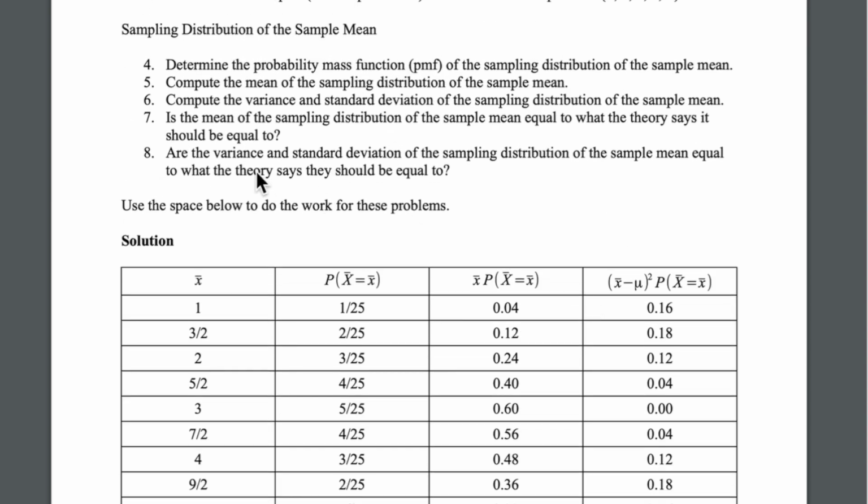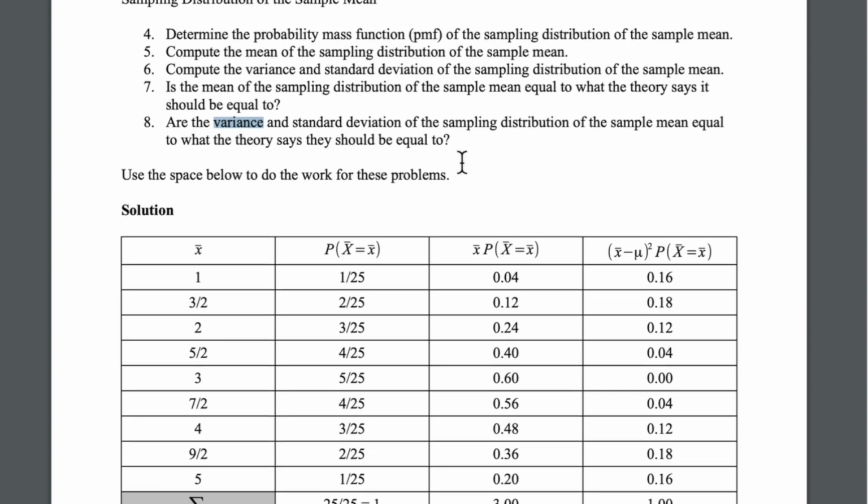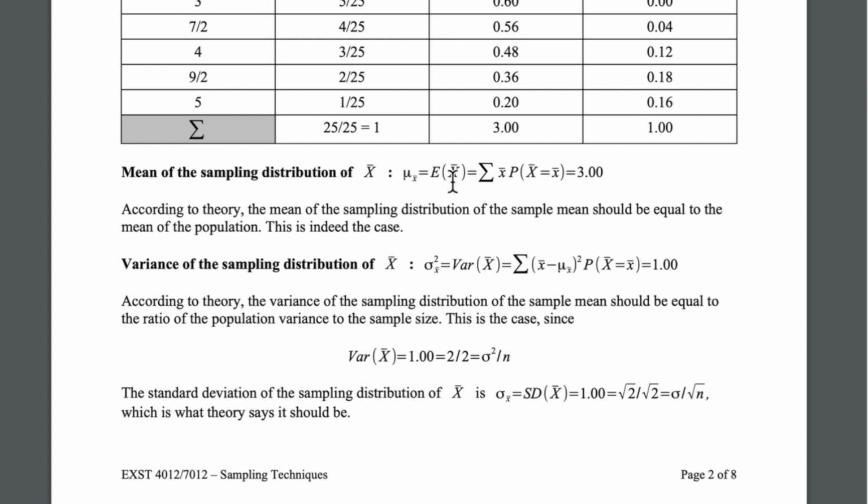And the question is, are the variance and standard deviation of the sampling distribution of the sample mean equal to what the theory says they should be equal to? Well, we'll answer this first for the variance, and then we'll talk about the standard deviation after that. Again, what does the theory say that the variance of the sampling distribution of the sample mean has to be equal to?